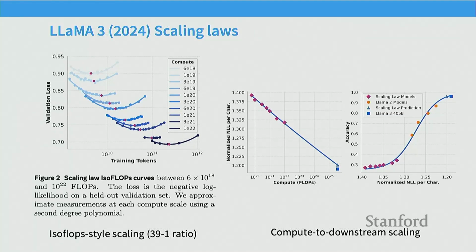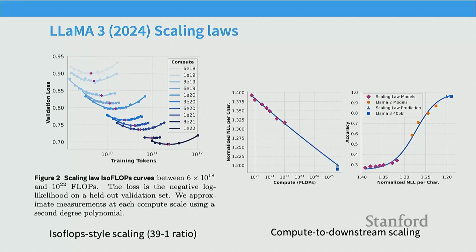Cool. Okay, so Llama 3 was probably one of the bigger model releases in the past year since I last taught this class. And they do have some pretty interesting scaling bits. For one, on the question of whether people actually replicate these analyses once they've run them once, well, kind of yes.